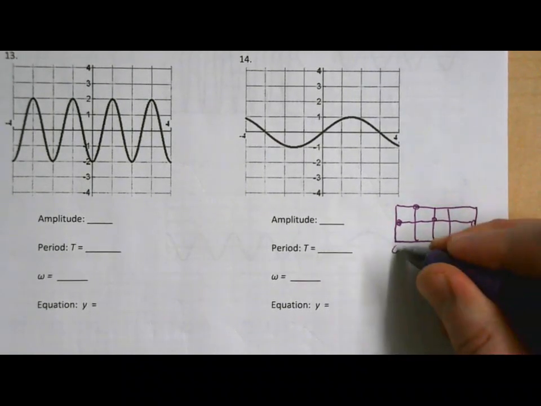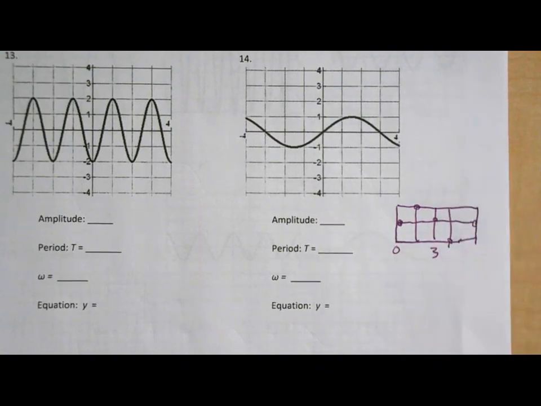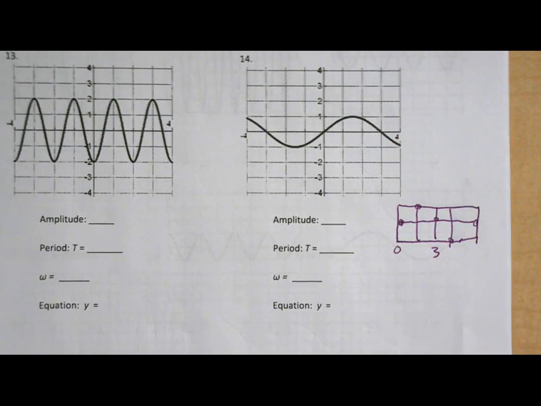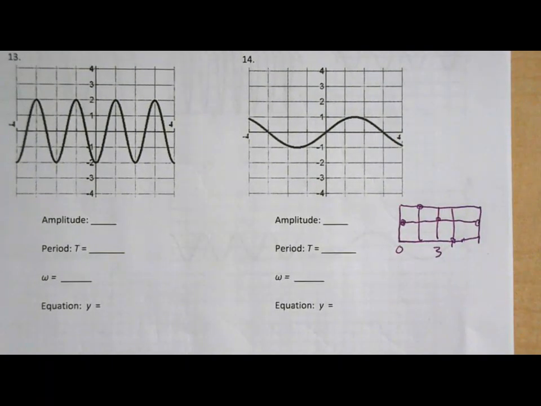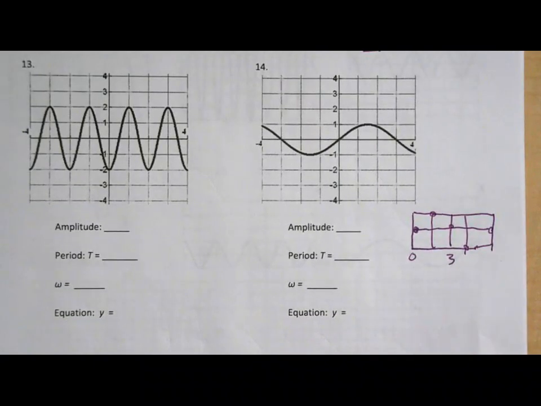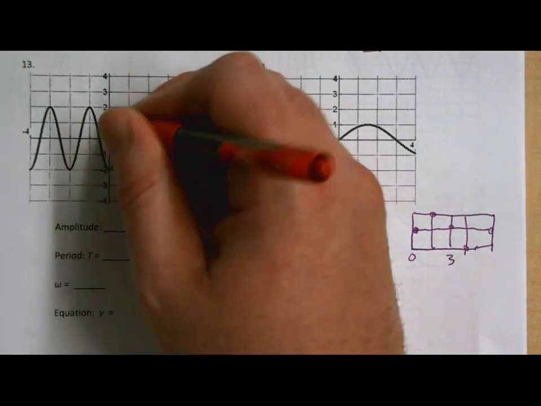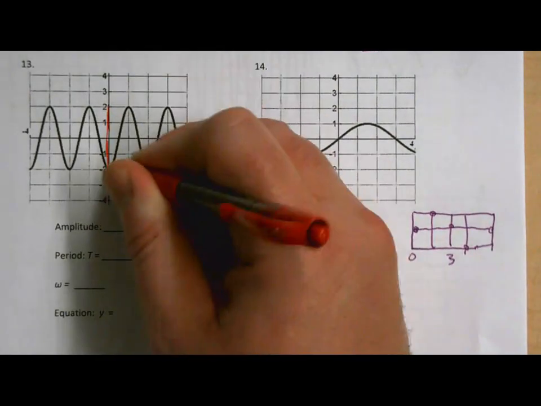This happens at 0, this happens at 3, and I can use that to figure out what the rest of it's going to be. So guys, go ahead and work on your own. I'm going to put answers up here so you can check, or you can look up here to get a hint. Get my attention if you need some help.